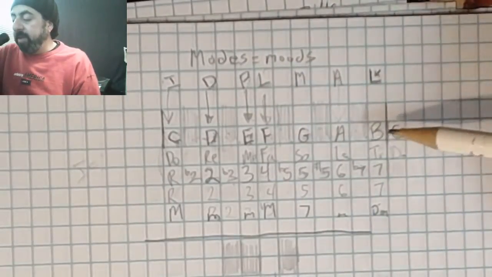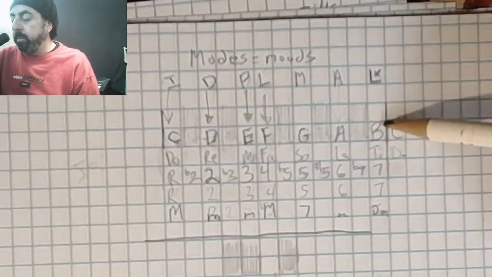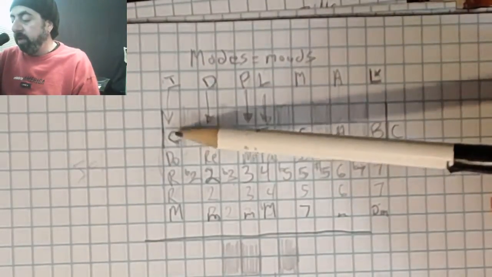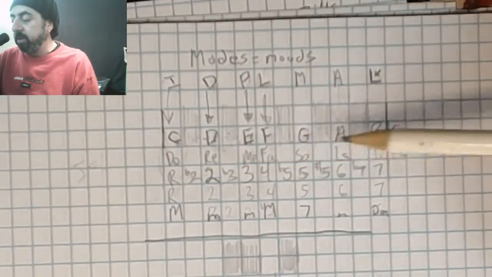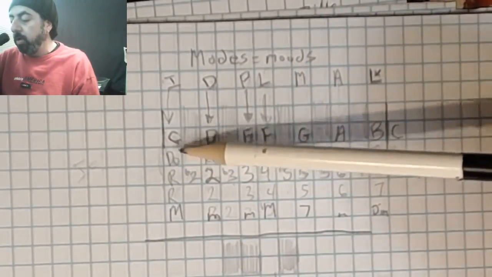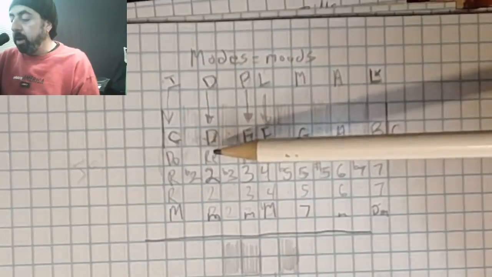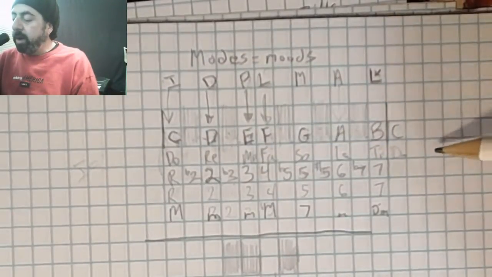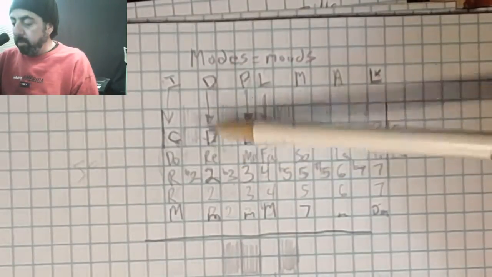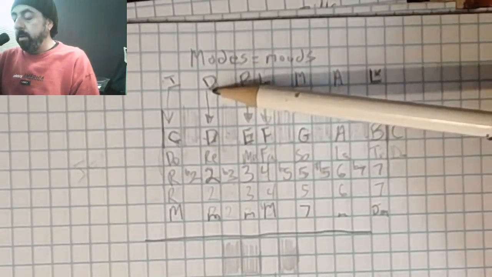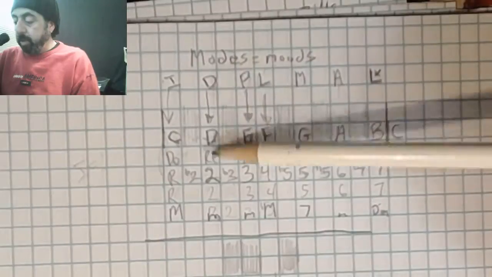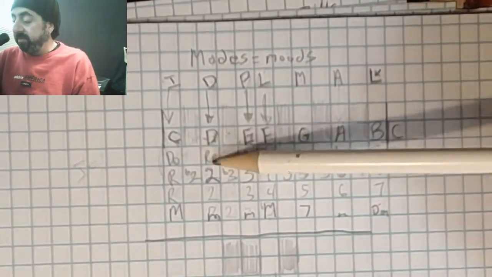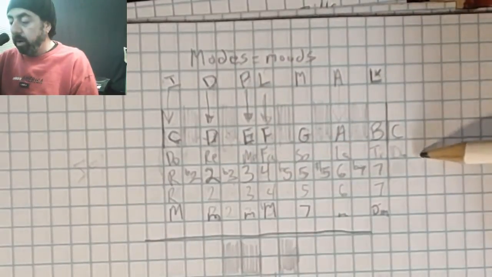But the basic way they tell you is just the scalar information. If you play all the notes starting from do, re, mi, fa, sol, la, ti, do, you're playing the 1, the do, the Ionian. But if you play re, mi, fa, sol, la, ti, do, re, then you're playing D. You're playing the Dorian, because you're playing from the second note to the second note of the scale.